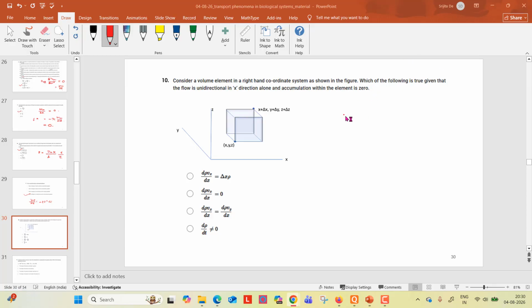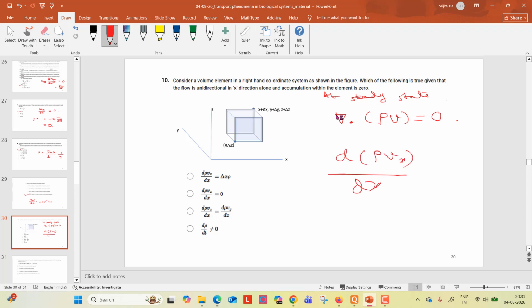So, continuity equation is divergence of rho v equals to 0 at steady state. So it will be unidirectional, right? So, it will be d(rho vx)/dx equals to 0. So, it is option B.